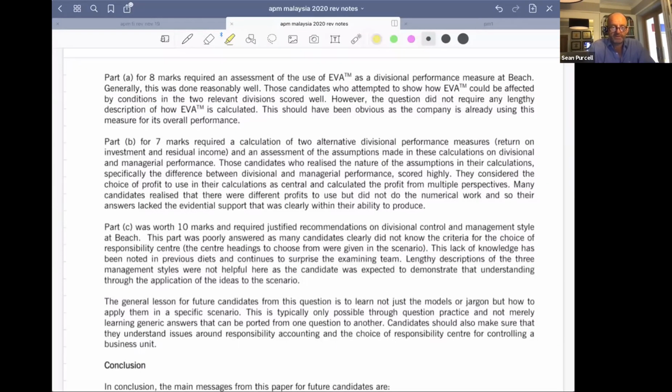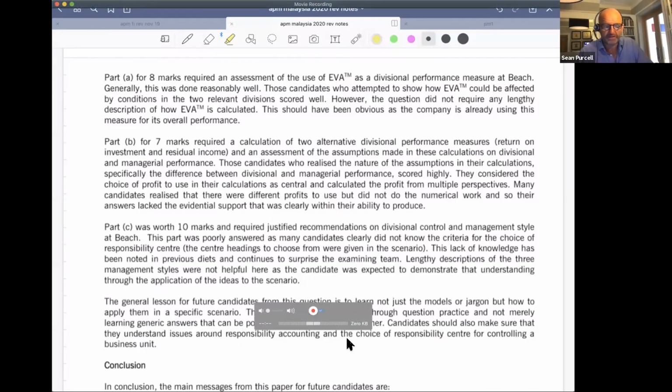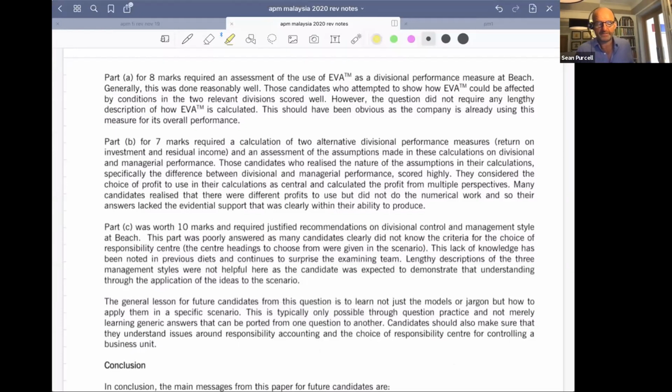It's not about regurgitating management styles. It was about appropriate ones to apply in this situation. So the general lesson for future candidates is to learn not just the models or jargon, but how to apply them. That's only possible through question practice and not merely learning generic answers that can be ported from one question to another. Candidates should also make sure that they understand issues around responsibility and the choice of responsibility centers.